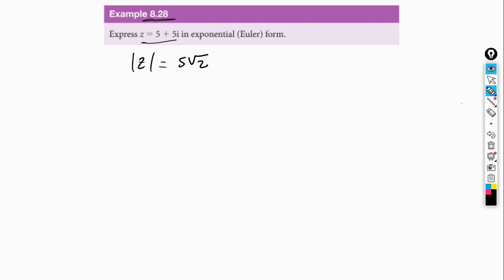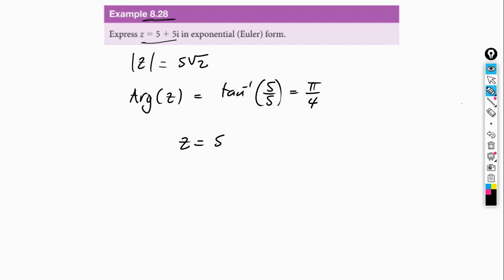And the argument of z is going to be the inverse tangent of 5 over 5, right? Which is 1. So this is just pi fourths. Therefore, z is going to equal 5 square root of 2 times Euler's number to the power of i times pi fourths.